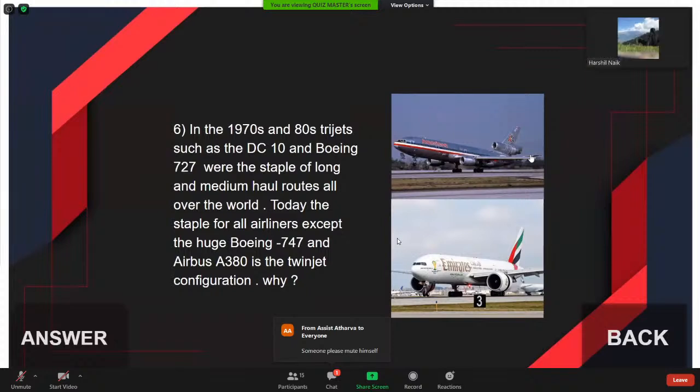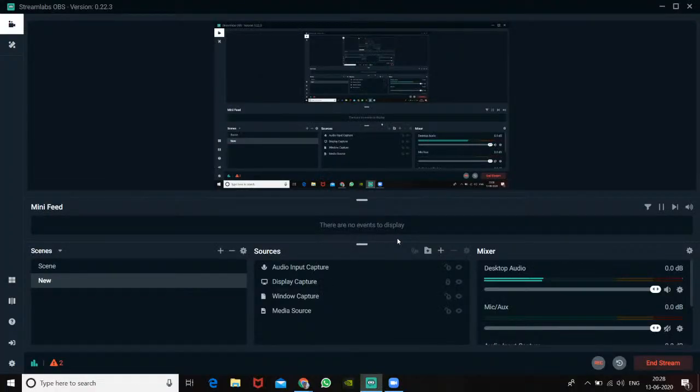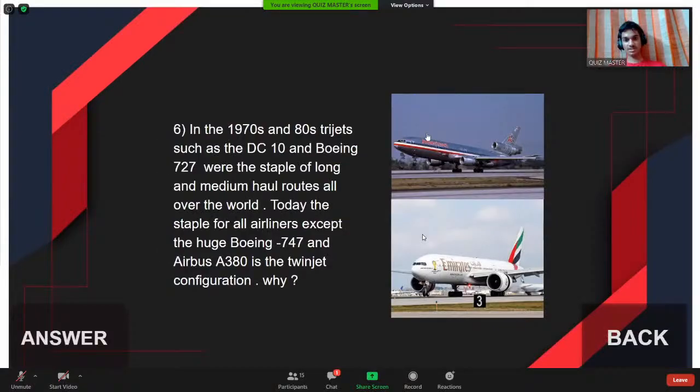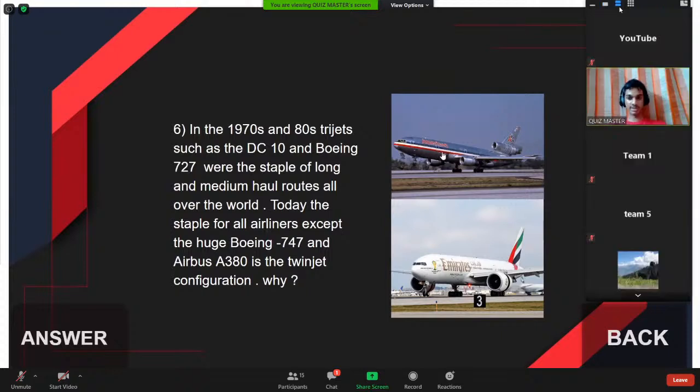Team 5, can you mute yourself because there's an echo coming? Is this better? Okay. So the question is, in the 1970s and 80s, there were trijets, or planes with 3 engines, and all the long haul routes were flown by either 3 or 4 engine planes.